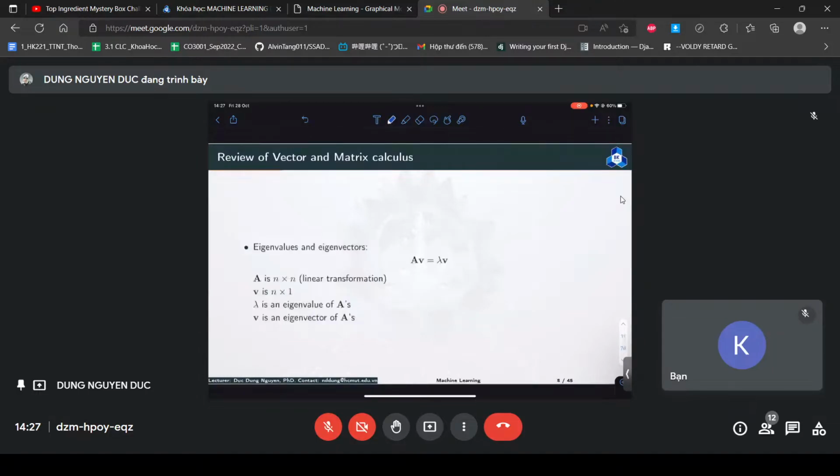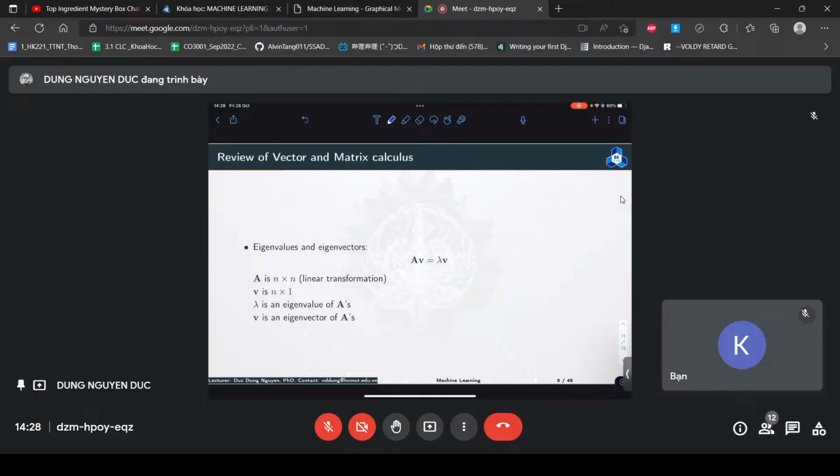Now, there's something about matrix calculus that you have learned earlier. That's called eigenvalue and eigenvector. Those value and vector are special because when you multiply that vector by the matrix A, that results in another vector with the same direction as the vector v, but scaled by some factor lambda.